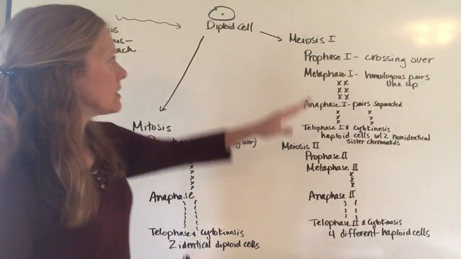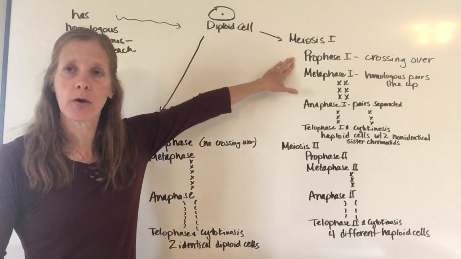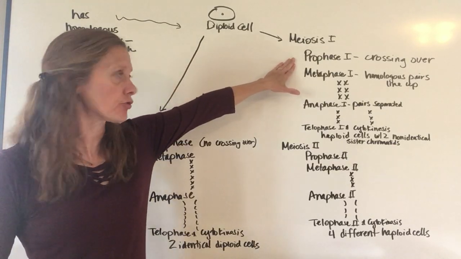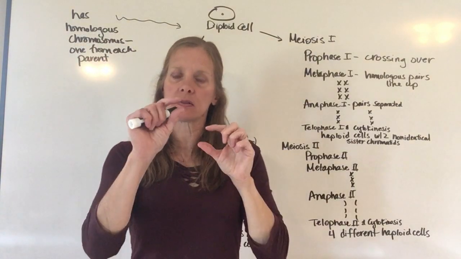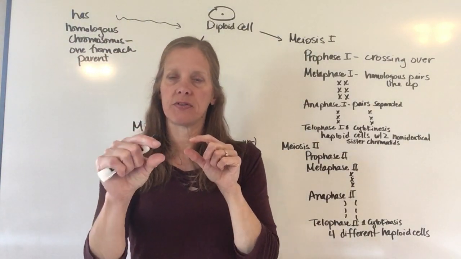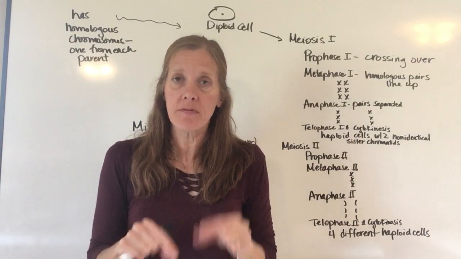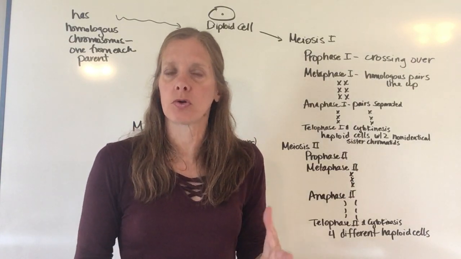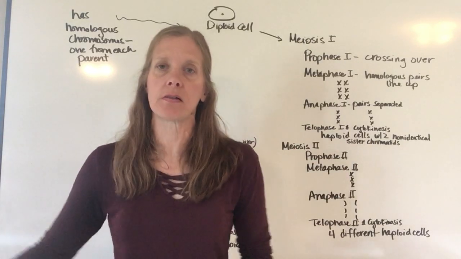Now, in meiosis, what happens is that in prophase, remember that the P stands for prepare, you've got little chunks of these chromosomes that swap places with each other. Obviously, you notice that you don't look exactly like your mom. You don't look exactly like your dad. Your dad doesn't look exactly like your grandpa.